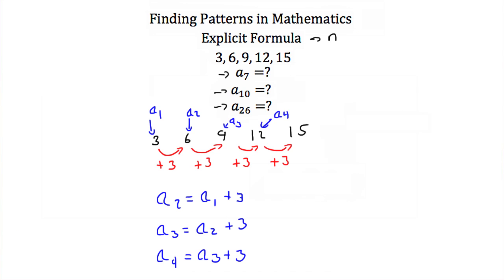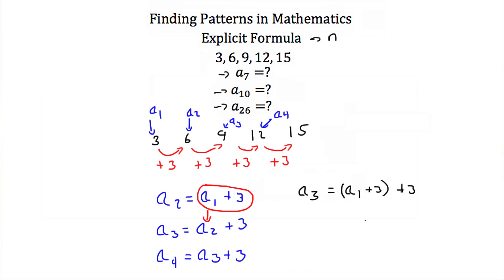Well, let's look at this value of A2. This is A1 plus 3. Let's say I took this and I plugged it in for A2. I would find out that A3 is equal to A1 plus 3 and then plus 3 again.